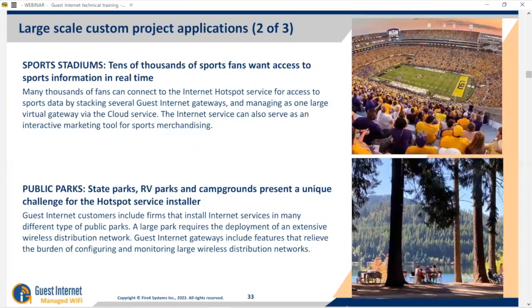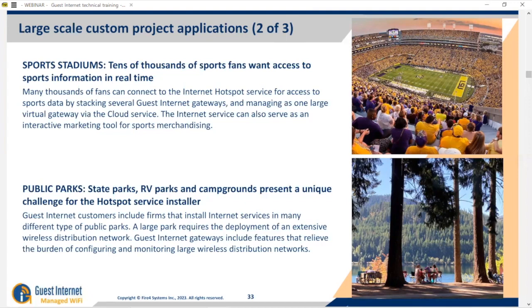Sports stadiums are another area where people want to have internet access. Sports fans like to upload selfies to social media and the key points of the game. And so a large sports stadium can be equipped with Wi-Fi internet access.